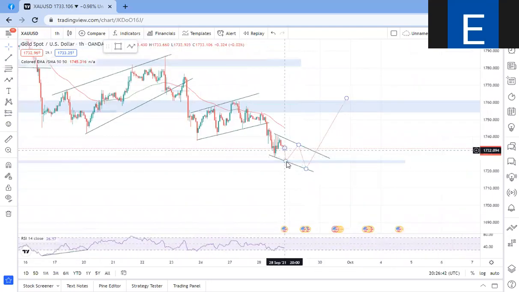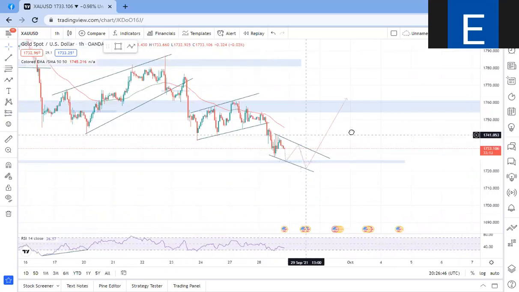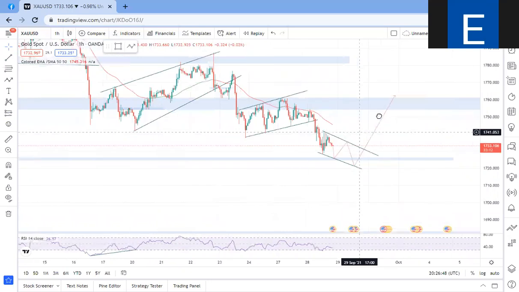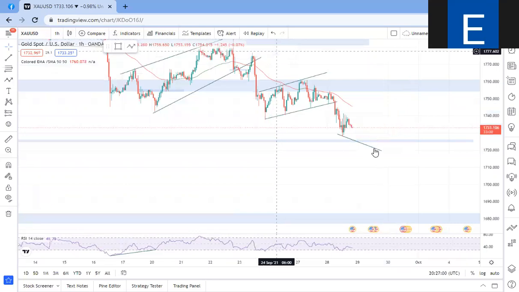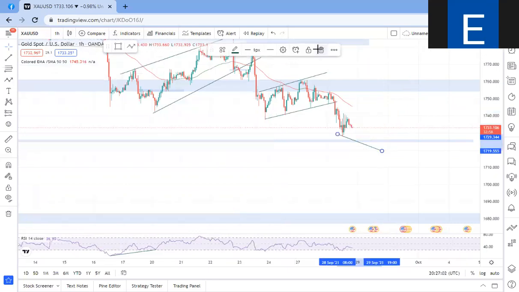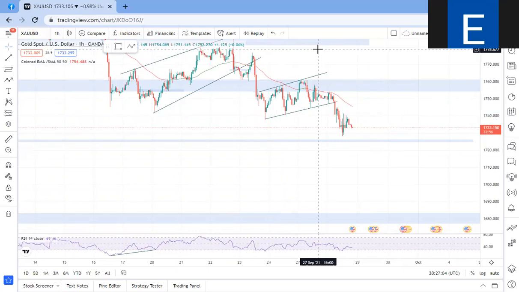I'm waiting for price to come down all the way here, go back, give me a proper formation, a possible reversal trade. This could happen because in Forex, they have probabilities and possibilities. So you don't have to stick to one bias, like the price must buy.